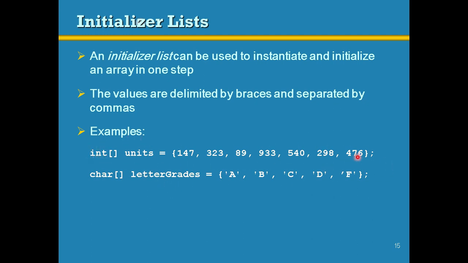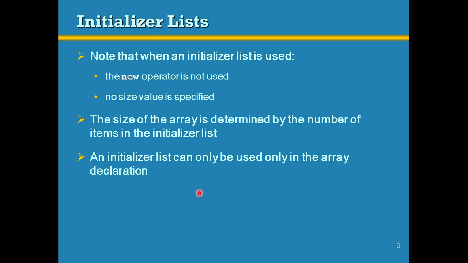These are fixed values, so you need to remember this. Note that when an initializer list is used when you declare, the new operator won't be used.